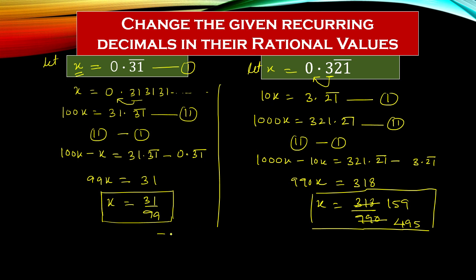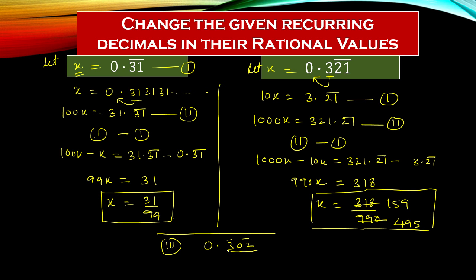Now we can discuss the third example. If a number is 0.302 with the bar over 3 and 2, we can consider all three digits under the bar, because 0 is in between 2 and 3, and 2 and 3 have the bar, so definitely 0 should be considered under the bar.